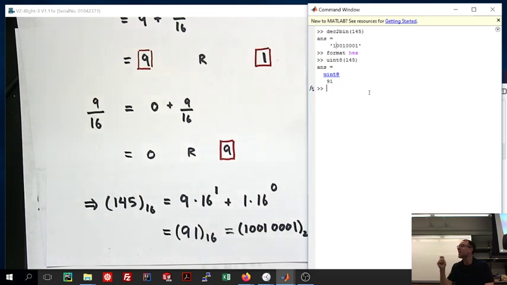Which means hexadecimal is an encoding of voltages. Right? Tell me this. What is the absolute largest number that could be encoded in Uint 8? Say it again. Try again.